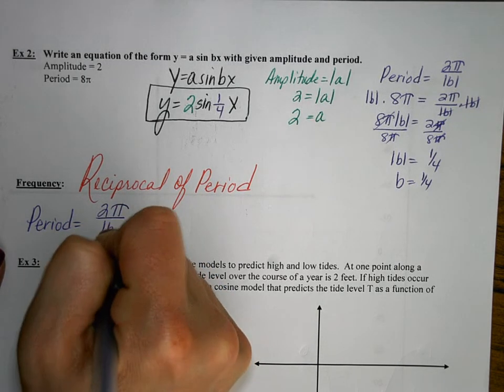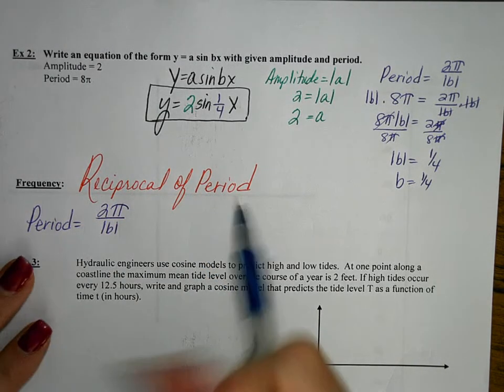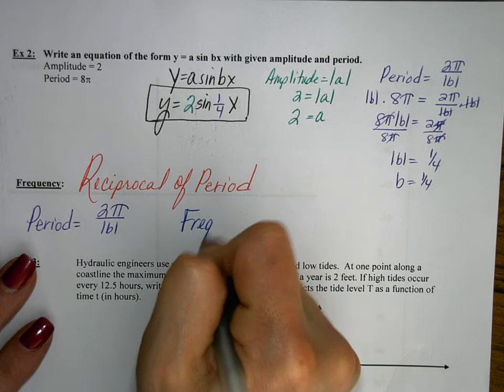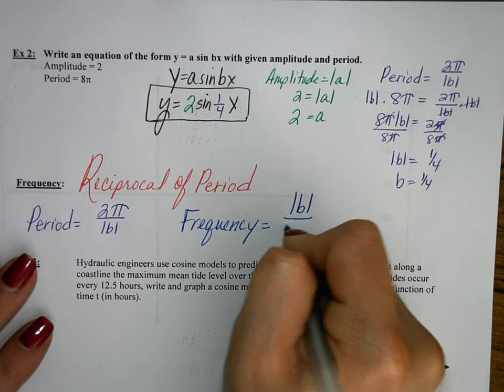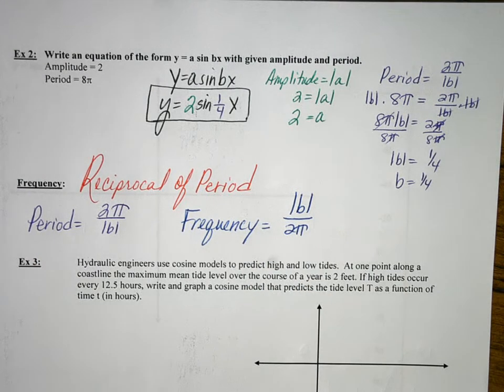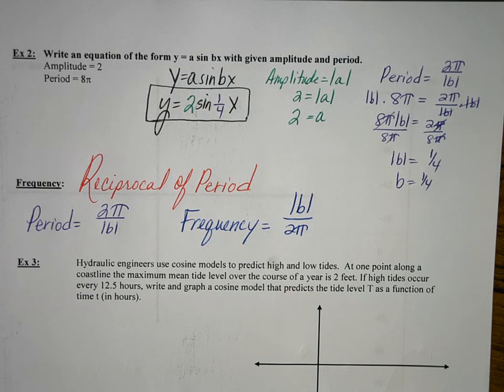So how would I find the frequency? You bet. It's always the absolute value of b over 2 pi. Or if I were in degrees, absolute value of b over 360. Absolutely. Questions with that?